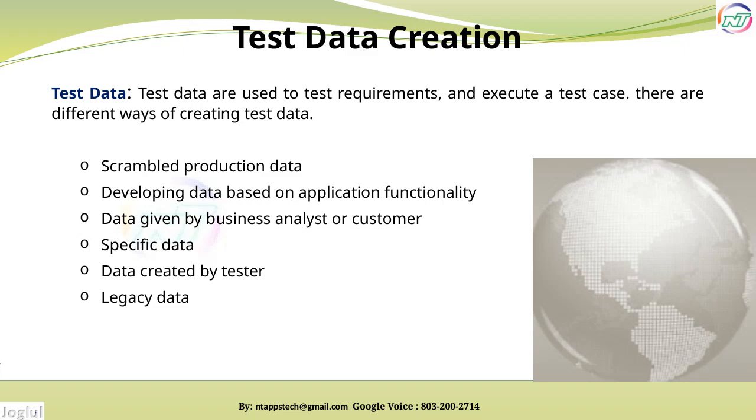Another way involves developing data specifically based on the application's functionality to ensure all possible scenarios are covered. Sometimes data is provided directly by business analysts or customers, usually reflecting real-world use cases. Testers may also create specific data tailored to test edge cases or unusual conditions, and legacy data from previous versions of the software can be reused to validate ongoing functionality.